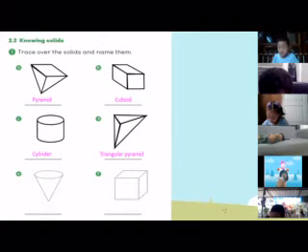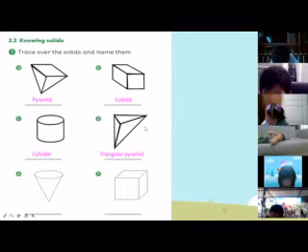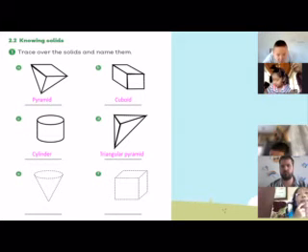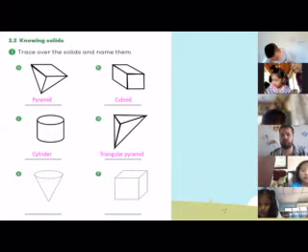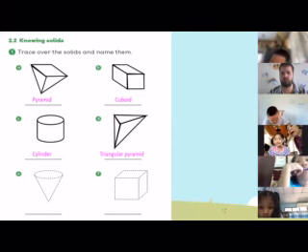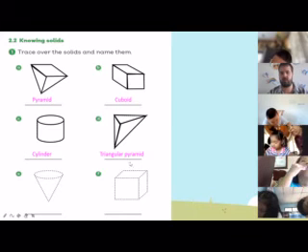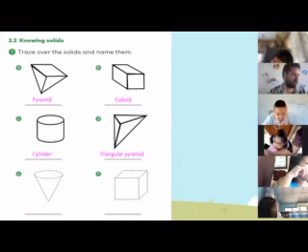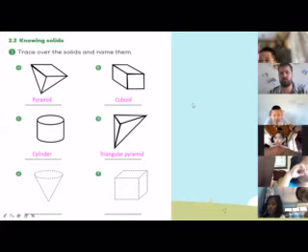D is a triangular pyramid. Triangular pyramids are long words. I'll give everyone a chance to write it down.